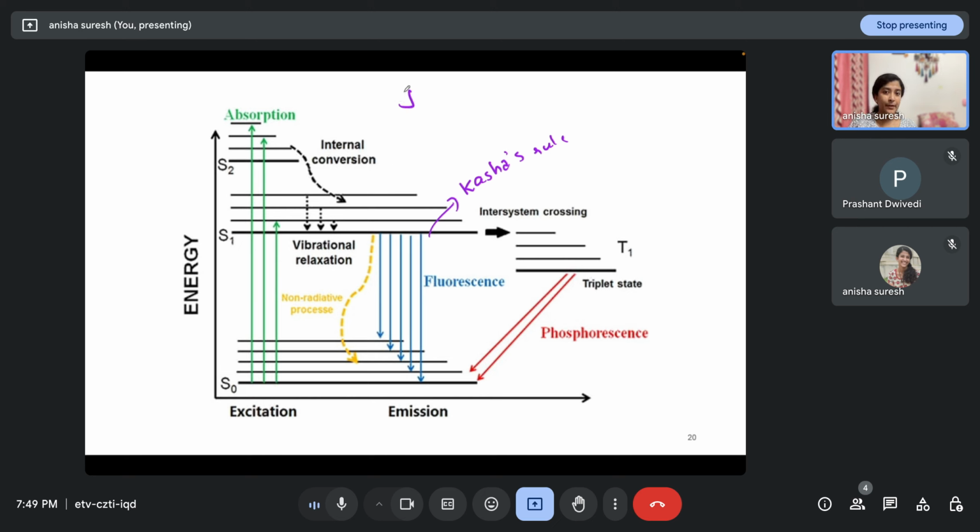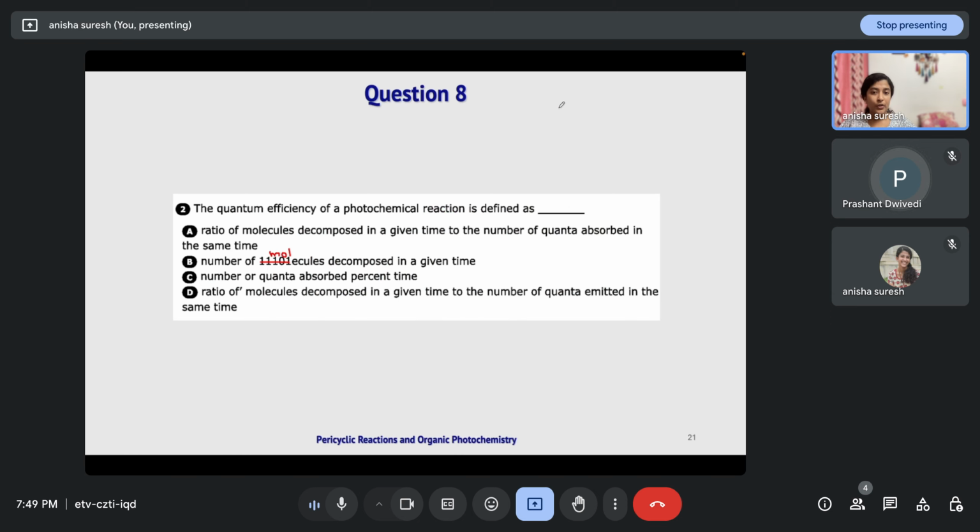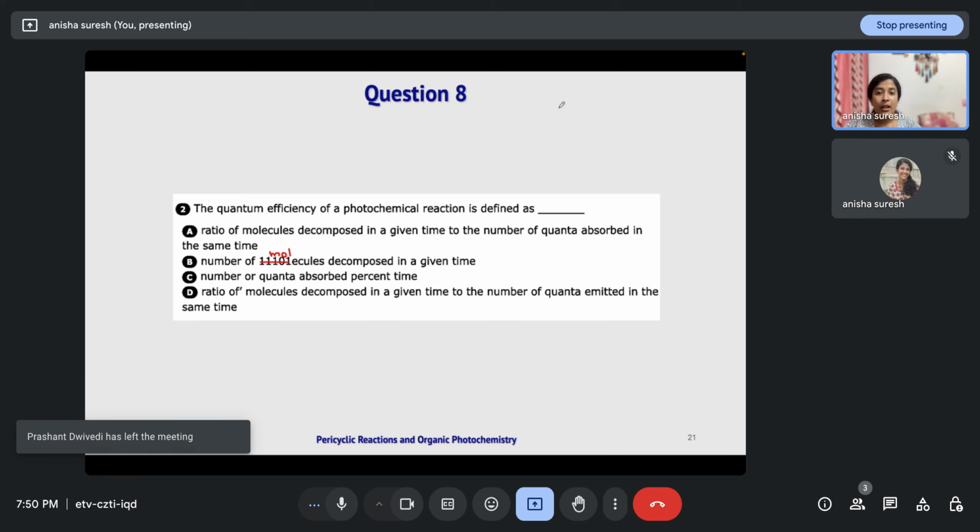So this is the Jablonski diagram. Yes, ma'am. Now coming to the next question. The quantum efficiency of a photochemical reaction is defined as. So what is quantum efficiency? That is the question. Option A: the ratio of molecules decomposed in a given time to the number of quanta absorbed in the same time.